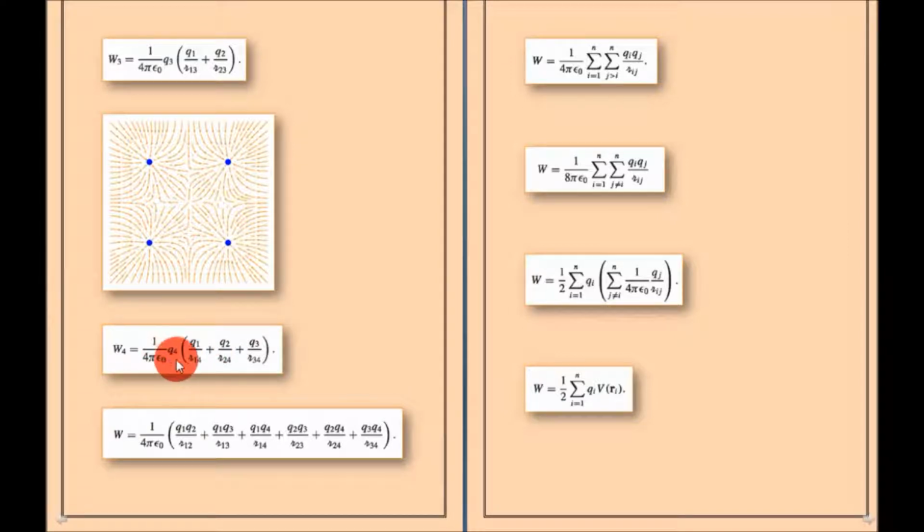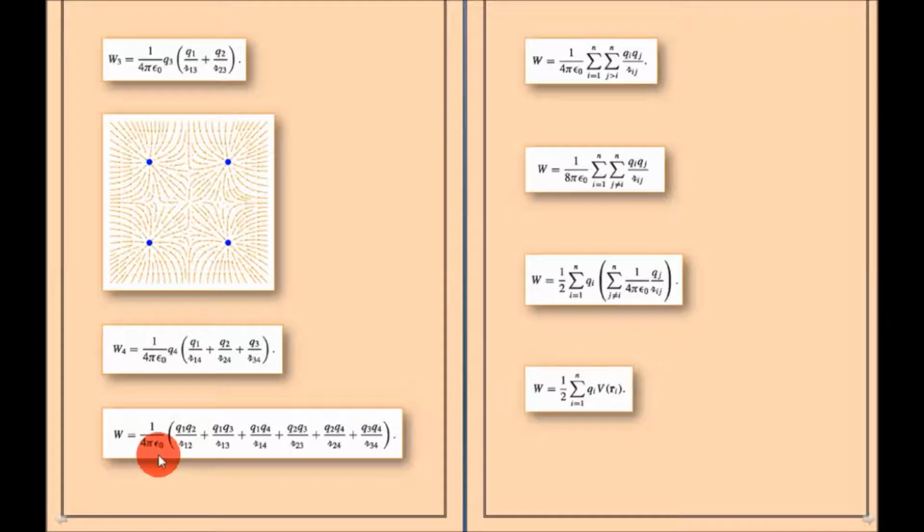This time it is Q4 times the electric potential due to Q1 plus the electric potential due to Q2 plus the electric potential due to Q3. And finally, the total work will be equal to W1 plus W2 plus W3 plus W4.